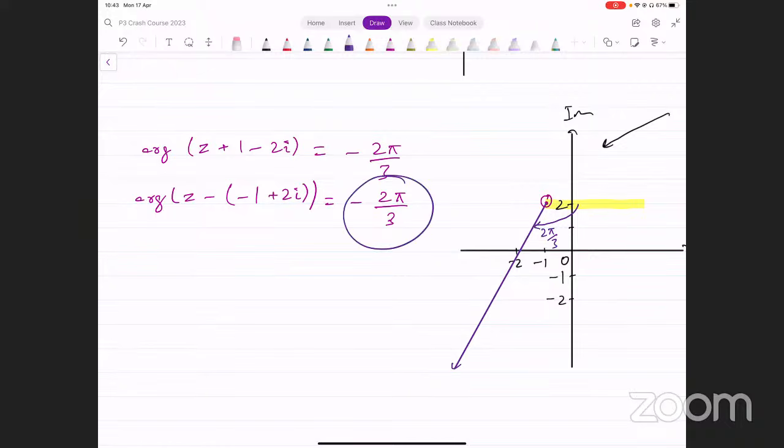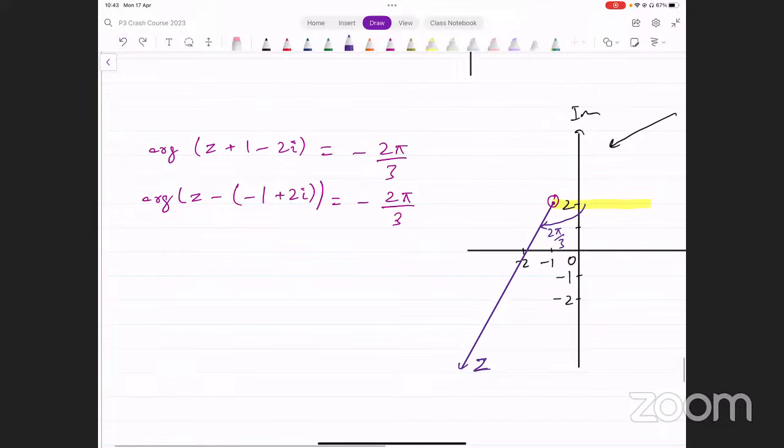So we went in the clockwise direction, and that gave us this particular line. That turned out to be the locus that we were looking for. The point z could be anywhere on this line. 2 pi over 3 is 120 degrees. So we are looking for 120 degrees in the clockwise direction here because the angle is negative. That's why we go in the clockwise direction like this.